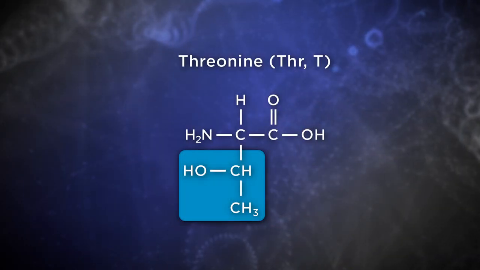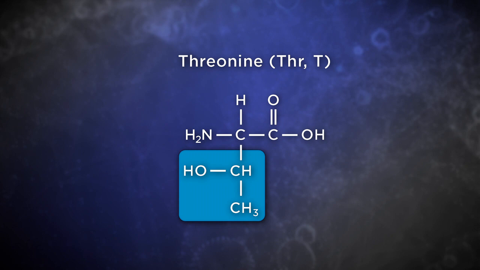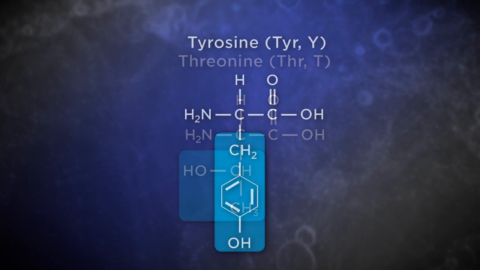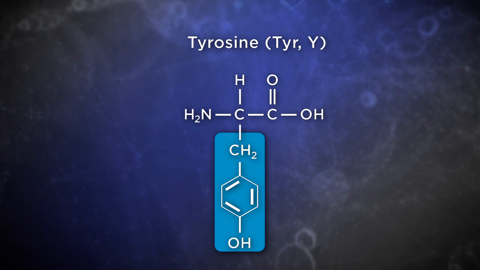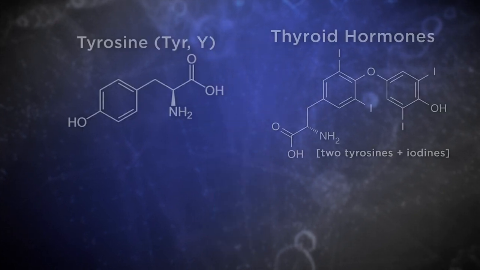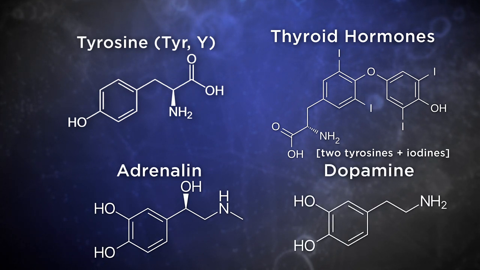Threonine is similar to serine in many respects, and both function in the active sites of many enzymes. The largest hydroxyl-containing amino acid, tyrosine, is the starting point for the synthesis of many biologically important molecules, such as thyroid hormones, adrenaline, and also the nerve signaling molecule dopamine made in the reward circuits of our brains.